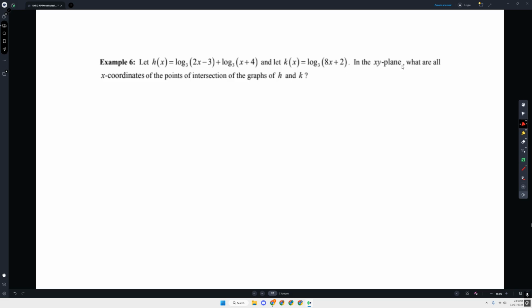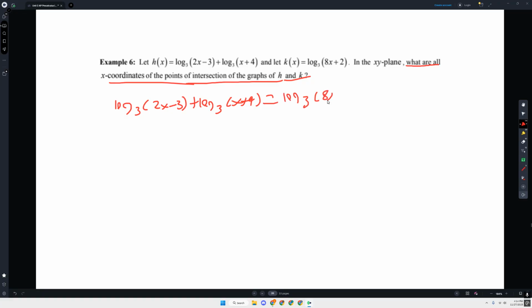For this one, it's asking us to find what are all the x coordinates of the points of intersection, and that pretty much means set them equal to each other. So we're going to set them equal to each other. We're going to say log 3 of 2x minus 3 plus log 3 of x plus 4 is equal to log 3 of 8x plus 2. And then we're going to combine these.